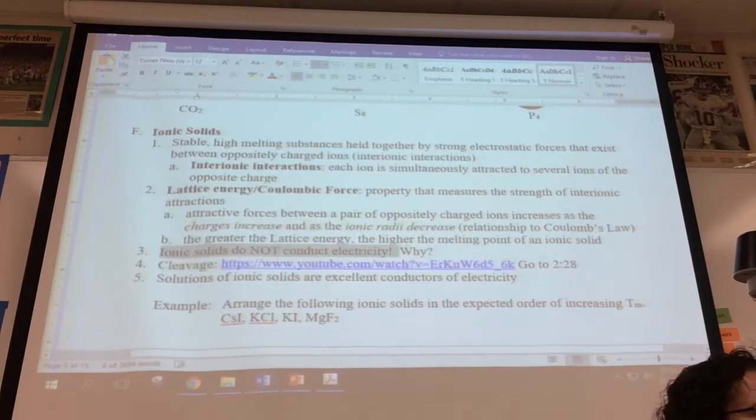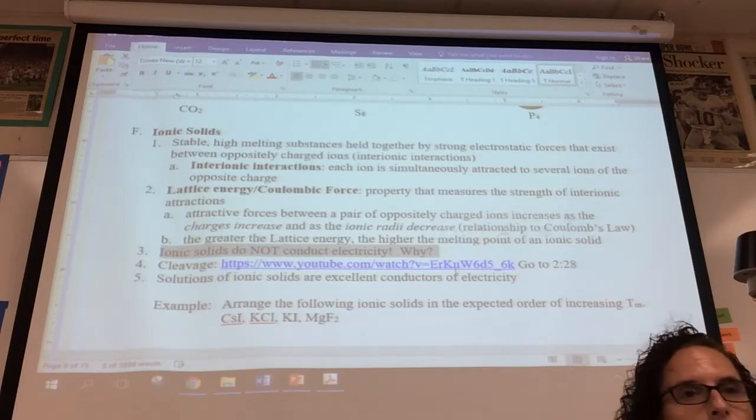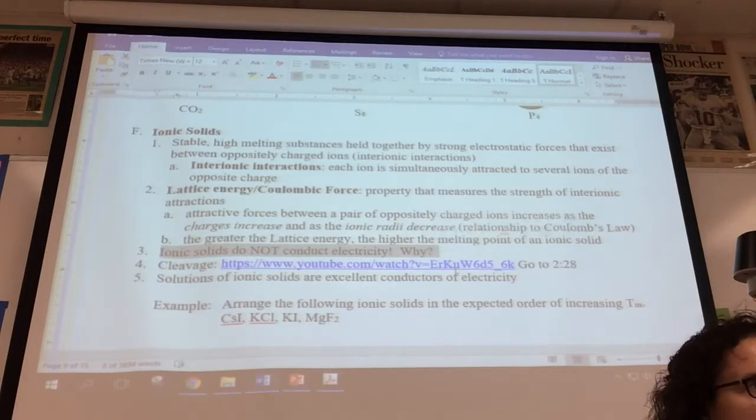Now, ionic solids don't conduct electricity. How come? Be careful here. In ionic solids such as sodium chloride spilled out all over the tabletop, it will not conduct electricity. Is an ionic solid comprised of ions? Yes. Can the ions move freely? No. In order to conduct electricity, it must be comprised of ions, and the ions have to be able to move freely.